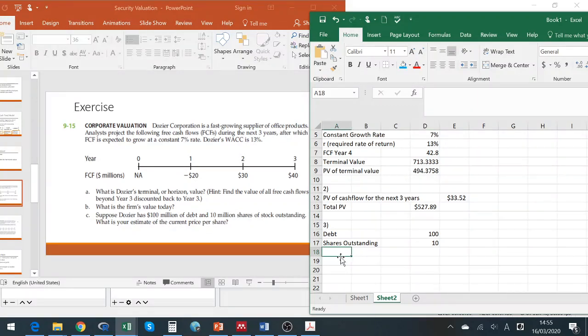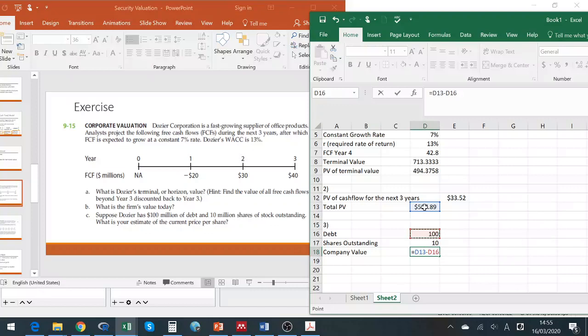The company value should be the total present value minus debt, because this debt you have to pay back to the bank, to the creditor, whoever you borrowed the money from.